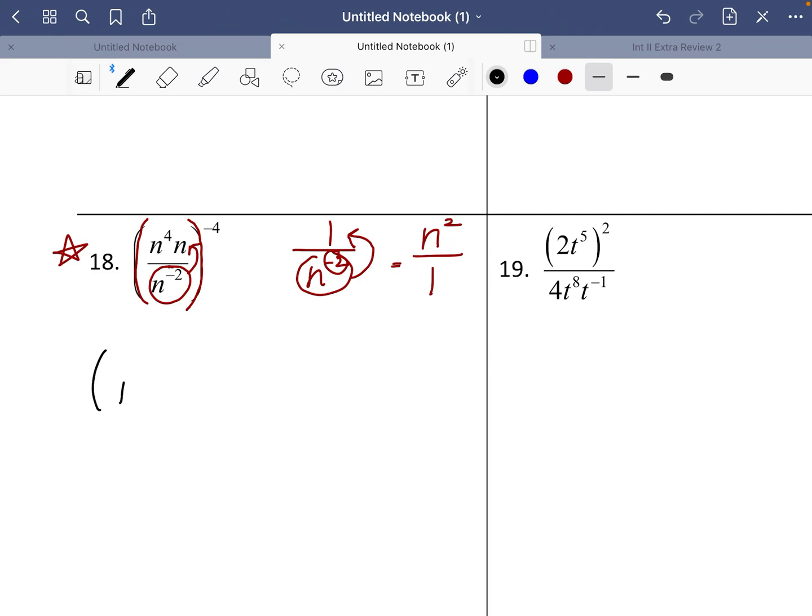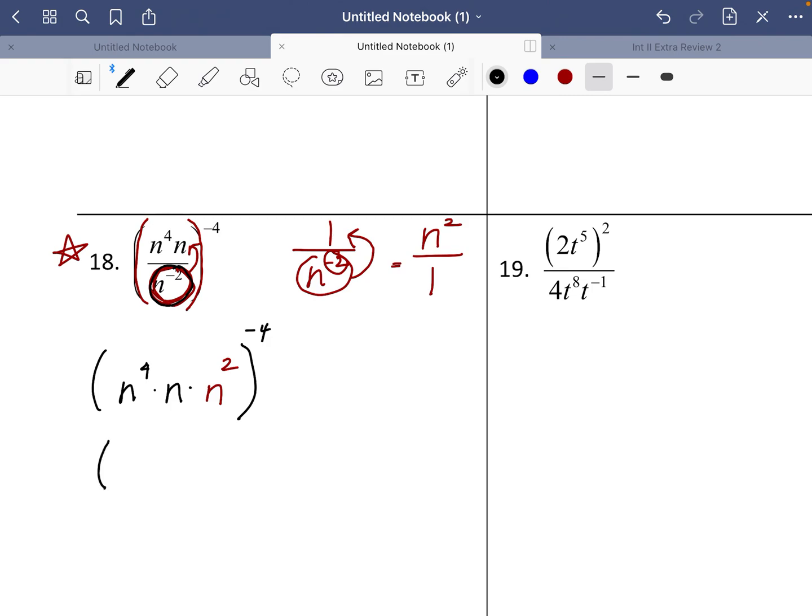So now I have n to the 4th times n, and then the denominator n to the negative 2nd, it's going to be n to the power of positive 2. And I'm going to just copy everything else. Okay. I'm only worked with this one.